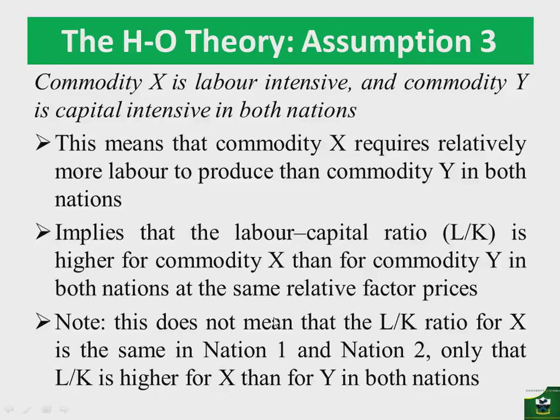It is possible that labor could be more in nation 1 than it is in nation 2, or capital could be less in nation 1 than it is in nation 2. What is known here is that the labor capital ratio is high in nation 1 for commodity X compared to commodity Y, and the same labor capital ratio is high in nation 2 in the production of commodity X compared to the production of commodity Y.